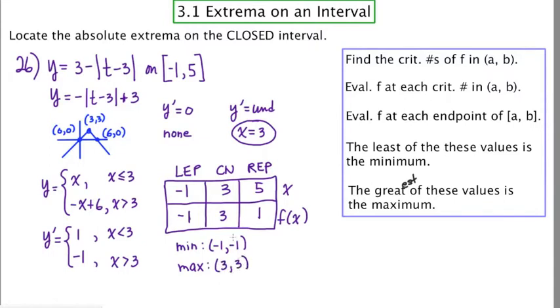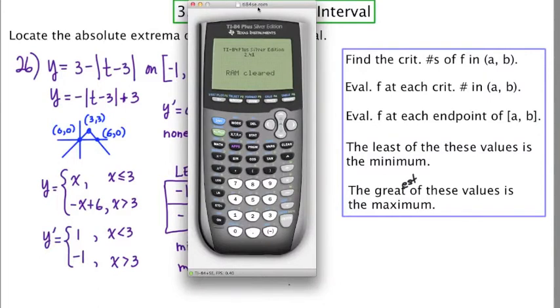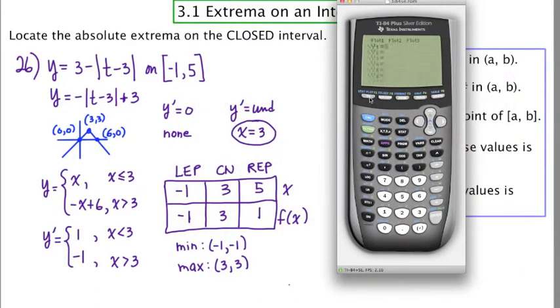Now, if we do this on the calculator, it's going to look a lot like what I've drawn here in blue. However, the blue is the entire graph, whereas we're supposed to be looking at it only on a very specific interval. So I'll just take 2 seconds and do this. So y equals 3 minus the absolute value of x minus 3.